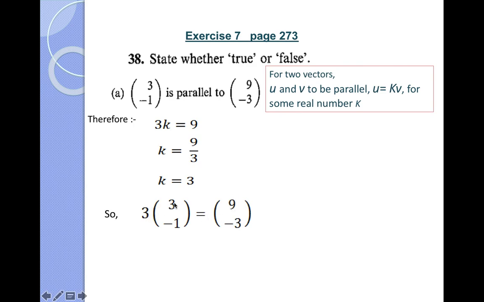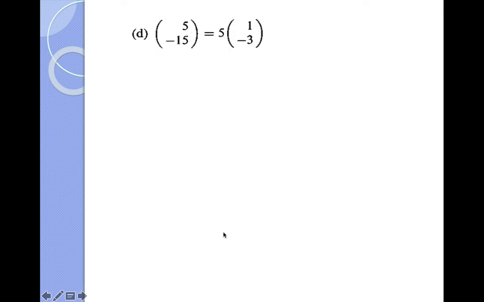That is, 3 multiplied by 3 gives 9, and 3 multiplied by -1 gives -3, for both the x component and y component. So the LHS and RHS are equal. That means it is parallel. You have to mention whether true or false. So it is true, they are parallel.